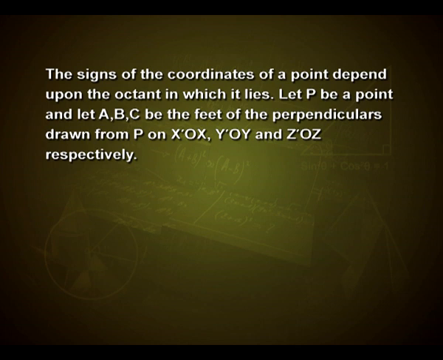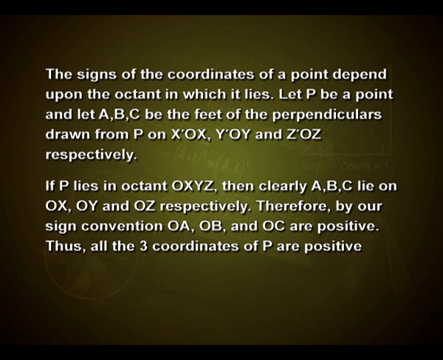Let P be a point and let A, B, C be the feet of the perpendiculars drawn from point P on X'OX, Y'OY and Z'OZ respectively. If P lies in octant OXYZ, then clearly A, B, C lie on OX, OY and OZ respectively. Therefore, by our sign convention, OA, OB and OC are positive.